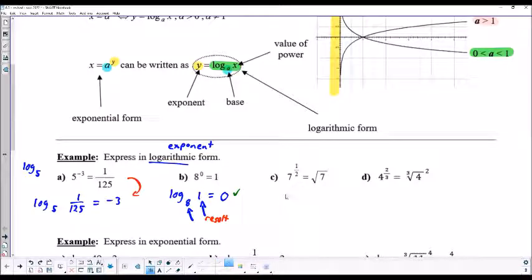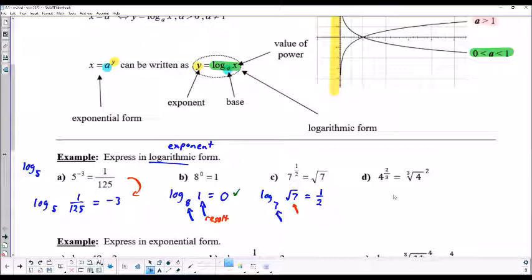Next one, I've got the result here, which is root 7. The exponent is 1/2 and the base is 7. So the logarithm of root 7 to the base of 7 is 1/2. What do I raise 7 to, to result in root 7? Well, that would be 7 to the power 1/2, so the answer to that question is 1/2.